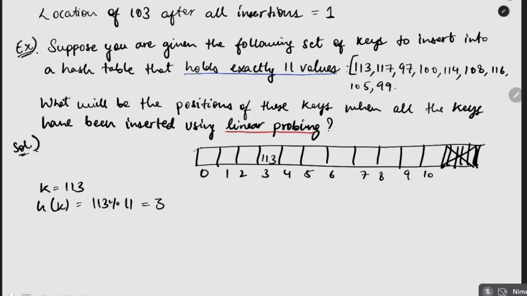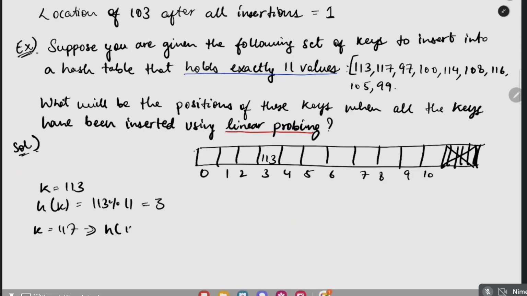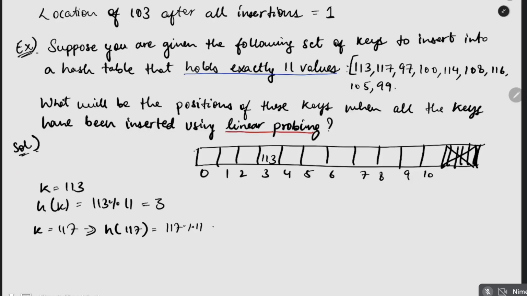The next one, 117. Right, so h of 117 is 117 mod 11, that is 7. So this goes to index 7.